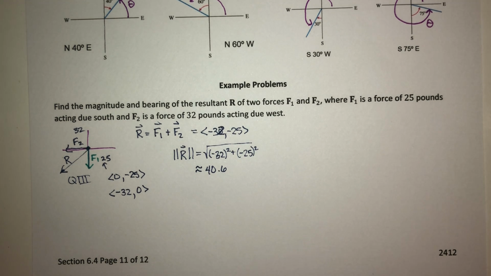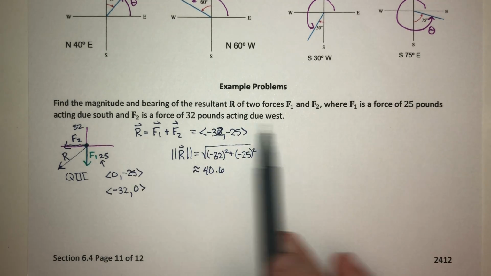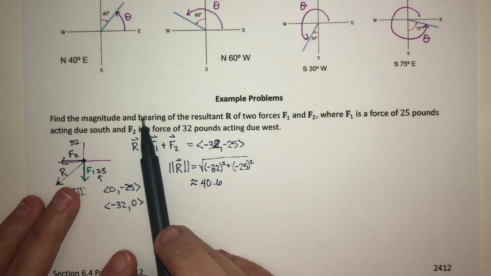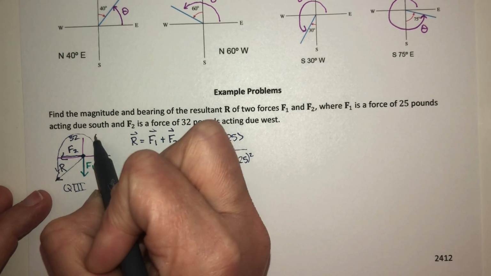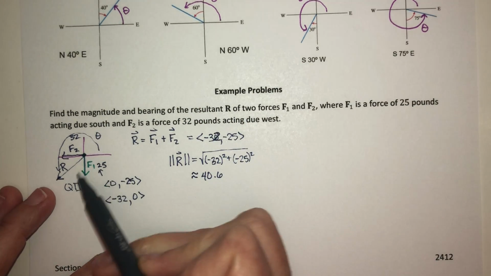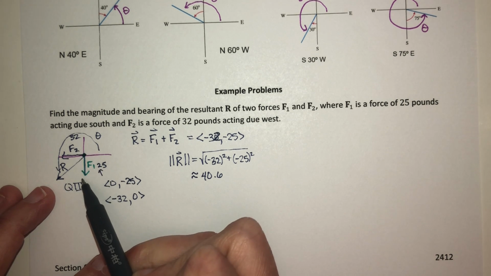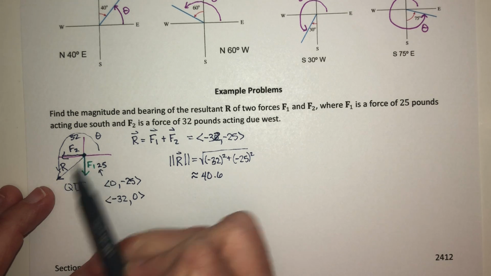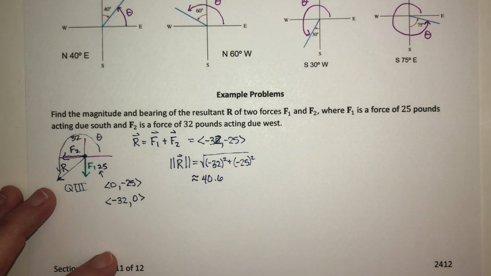Okay, now to find the bearing, okay, the first thing I need to find is this theta. And then I can make adjustments by calculating. It's going to be south, some angle, west. But I need to find this first so I can figure out what that angle needs to be.